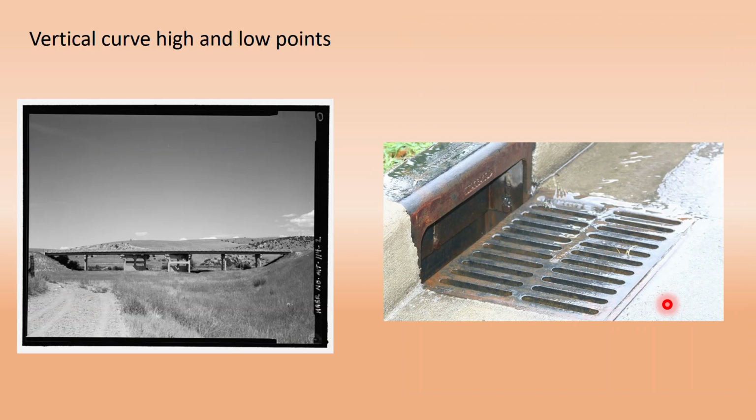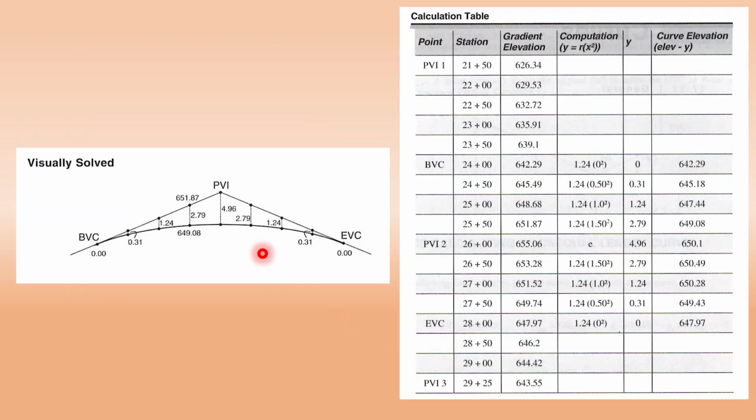So the last thing to talk about here are high and low points on a vertical curve. Let's just go back here. Again, this picture is not great because it looks more symmetrical than it really should be visually. But the high point of a crest curve is just that. It's the highest elevation attained along a vertical curve.